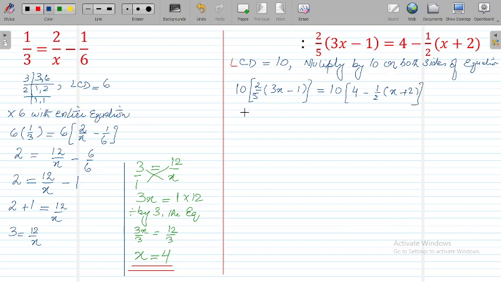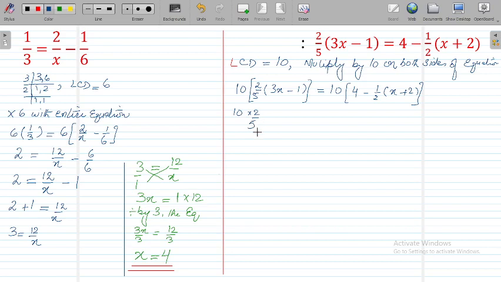Now just simply multiply them. 10 will be multiplied by 2, so it becomes 10 into 2 upon 5.